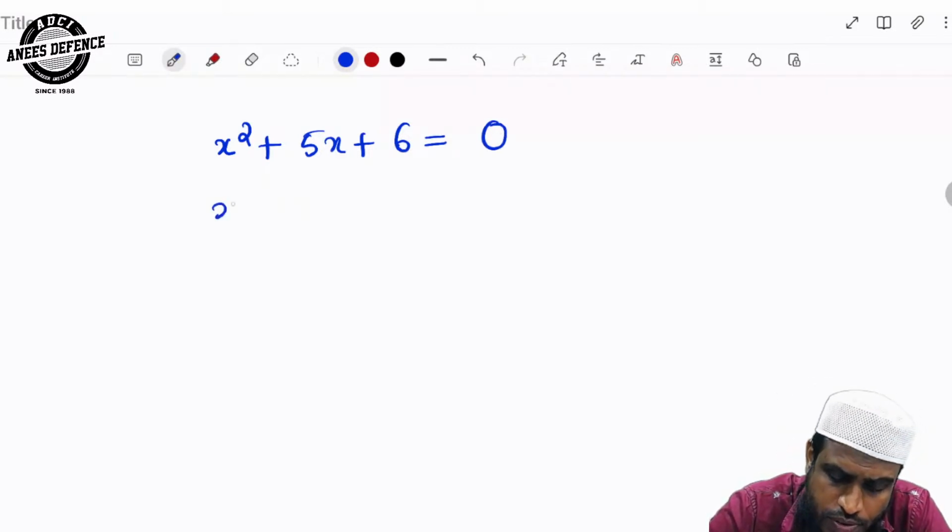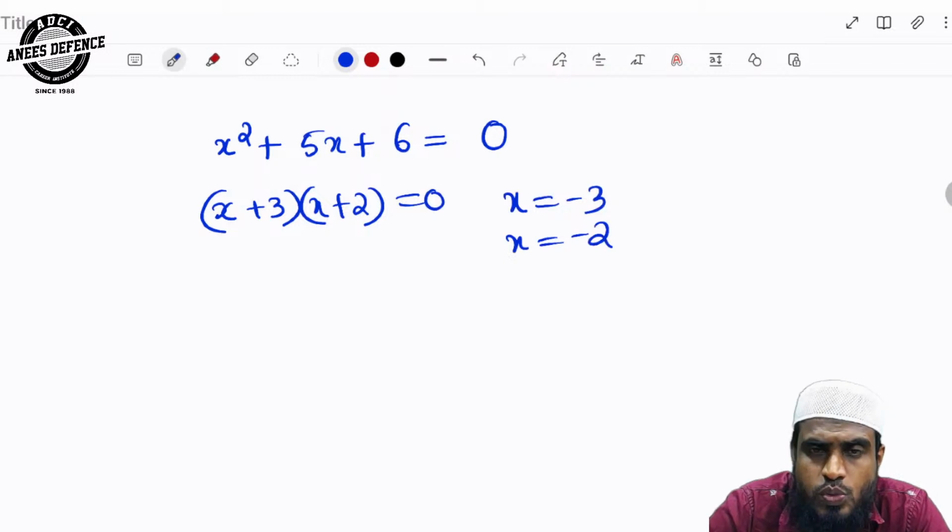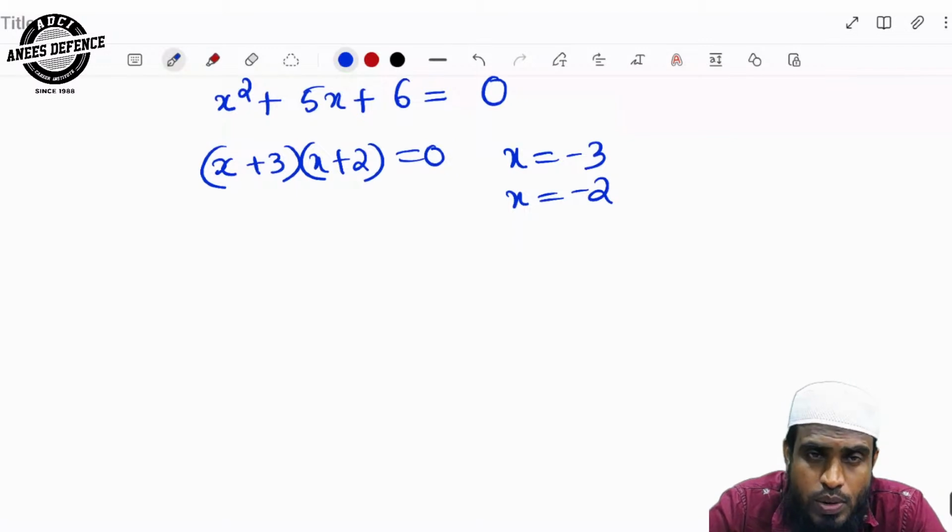So this can be written as (x plus 3) into (x plus 2) equal to 0, and x is equal to minus 3, x is equal to minus 2. This is done with the factorization method, or you can use the quadratic formula.